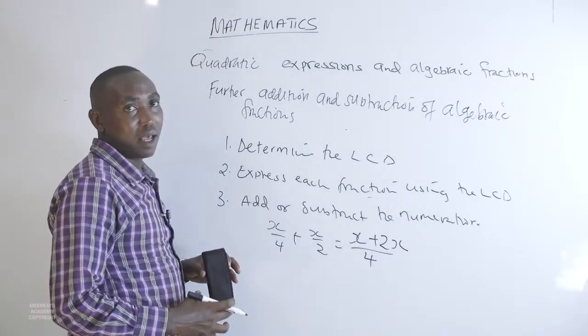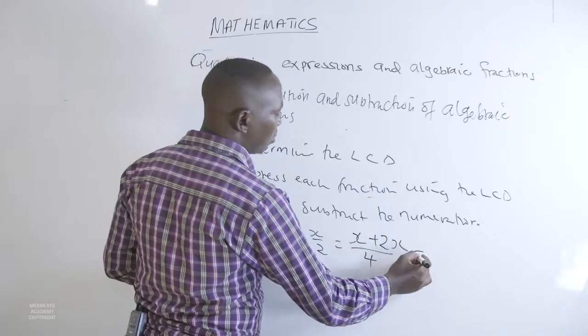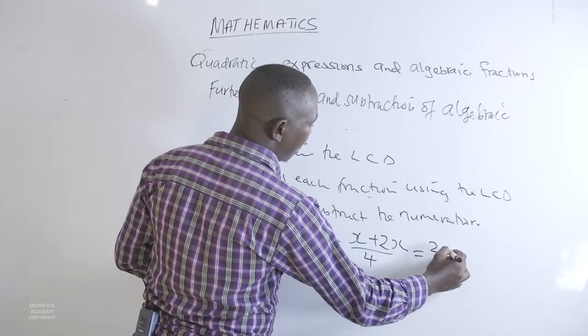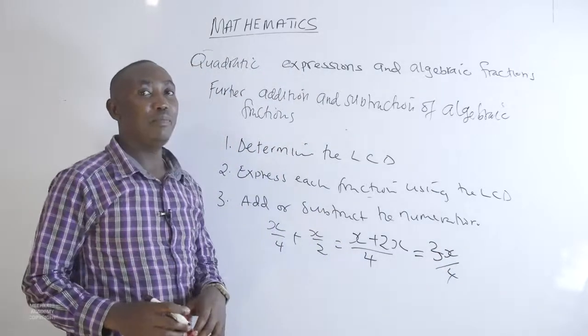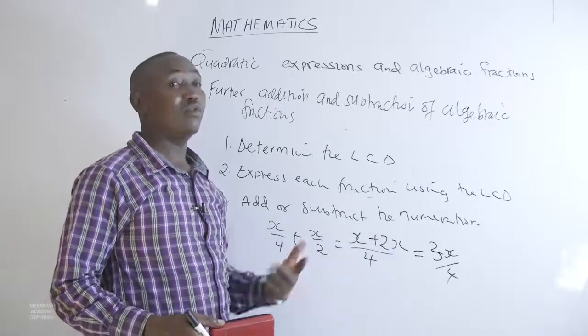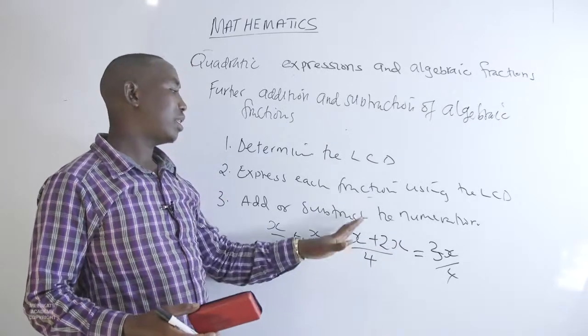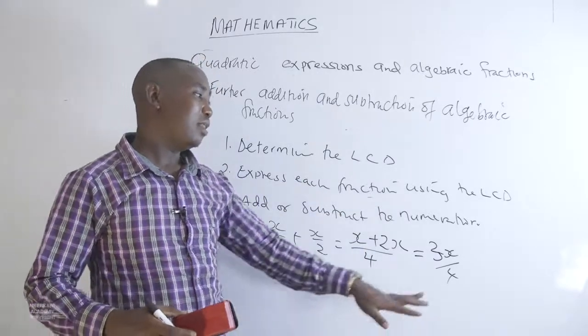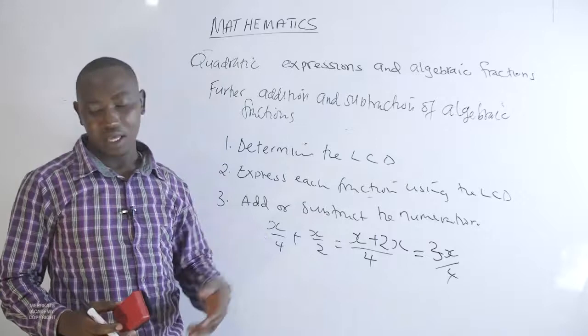Then we add the numerators, x plus 2x, which is 3x all over 4. So you express this as x over 4 plus 2x over 4. You have expressed the fractions using the LCD, then you finally add or subtract the numerators.